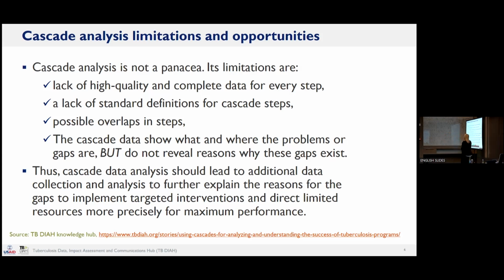And therefore, the cascade data analysis should lead us to some additional collection of data and analysis to further explain reasons for gaps, in order to have more specific actions and to use resources more efficiently and to target those resources. So the cascade analysis gives us information about what and where, but we will not learn why. But I think we'll learn about it a little later.